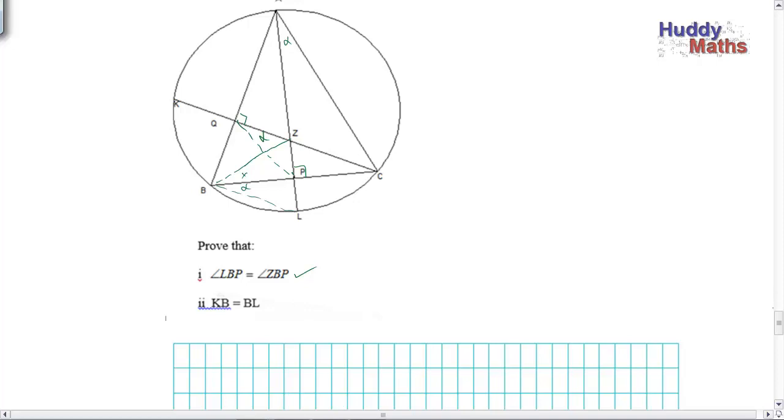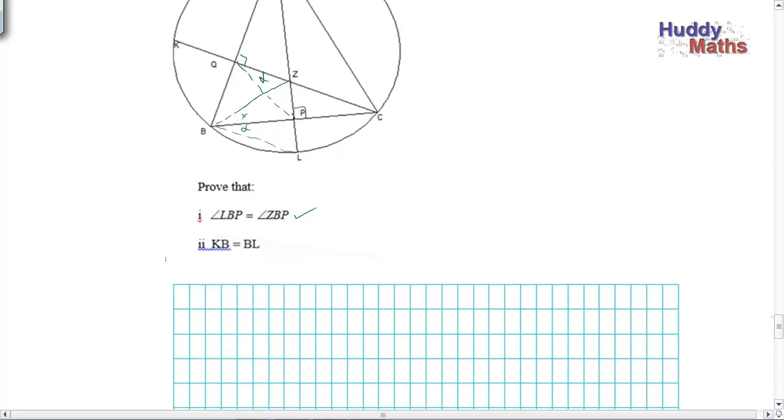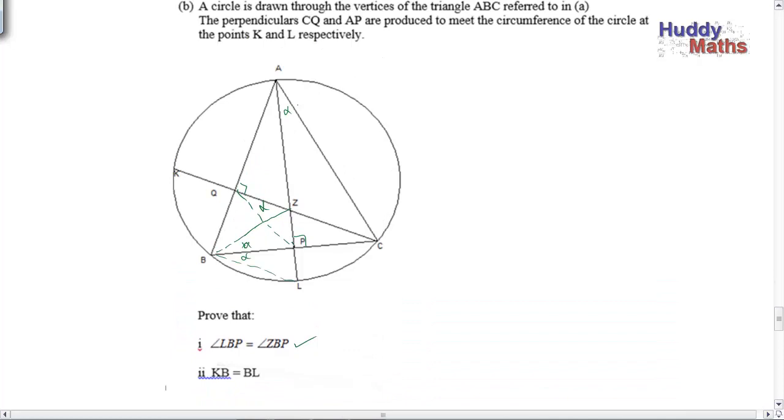Let's start with angle ZBP. ZBP was this one in here. That was alpha from part A. Okay. Angle PAC was alpha from part A.